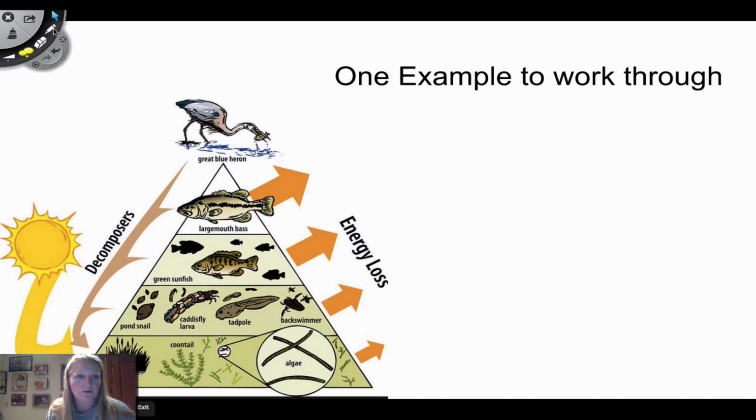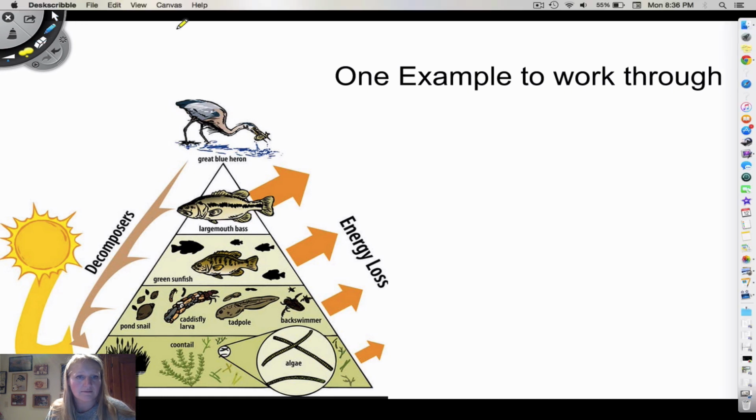One example to work through right here. So let's say that we start with 25,000 calories of energy that is contained down here in the cattail, in these producers, the coontail, the algae that exist all within this aquatic example, okay?